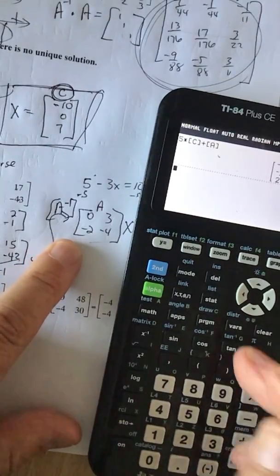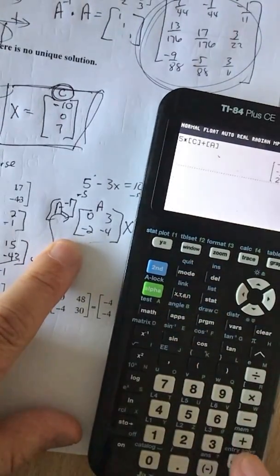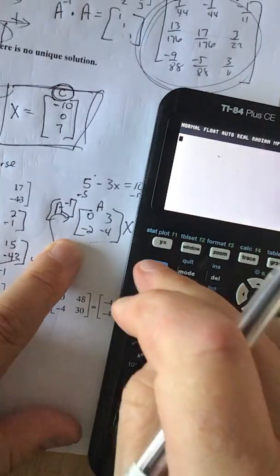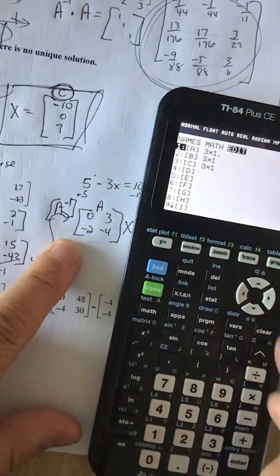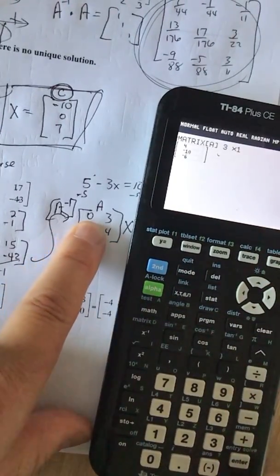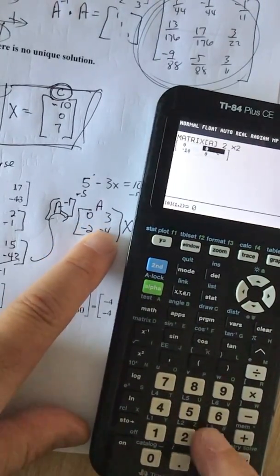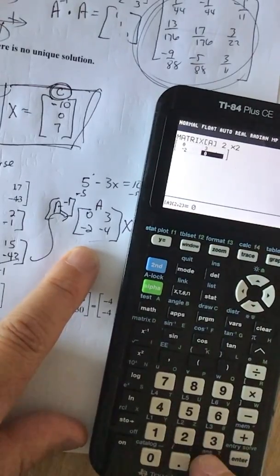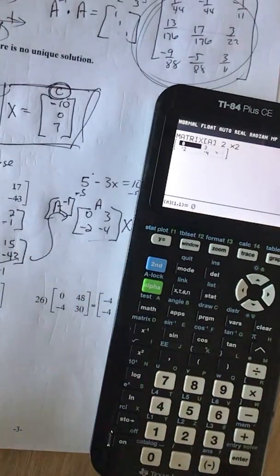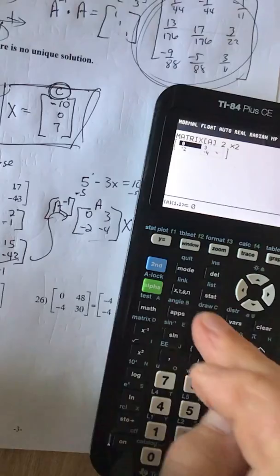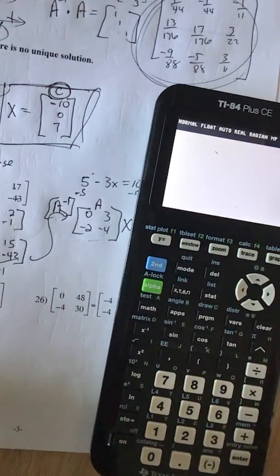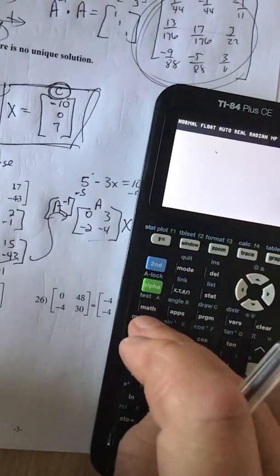Okay, well, let's get A in the first place. Let's go make A, so right here, A is a 2 by 2. It's 0, 3, -2, and -4. Okay, there's A. I need A inverse.